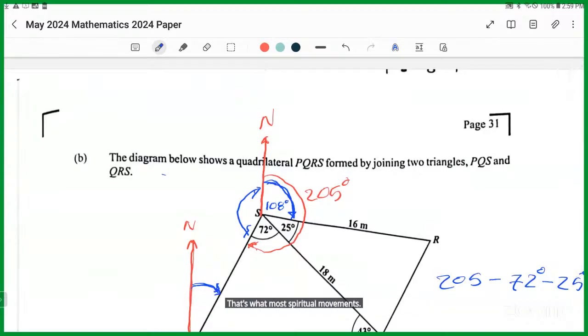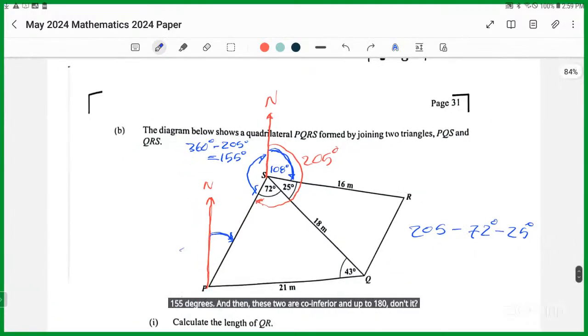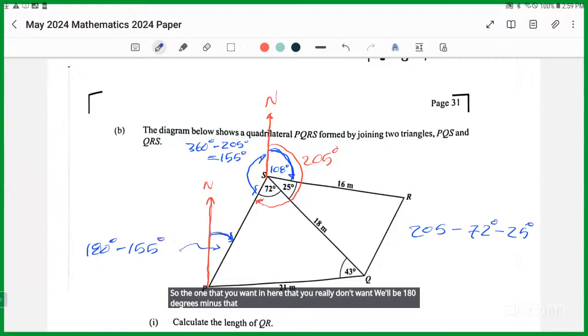So 360 minus 205 equals how much? 155 degrees. And because these two are co-interior and add up to 180, the one that you really want will be 180 degrees minus that 155 degrees, which will be equal to how much? Same 25, but you put the zero on it because it's bearings.